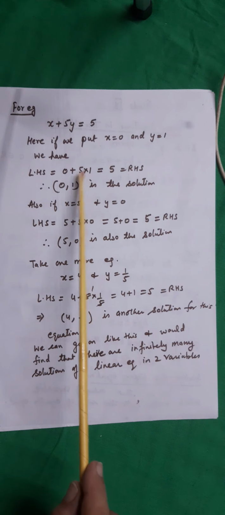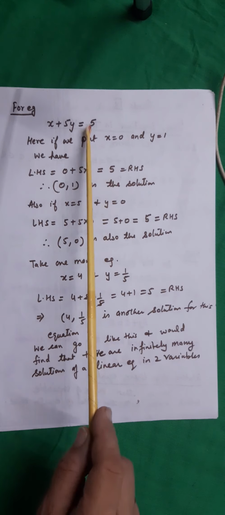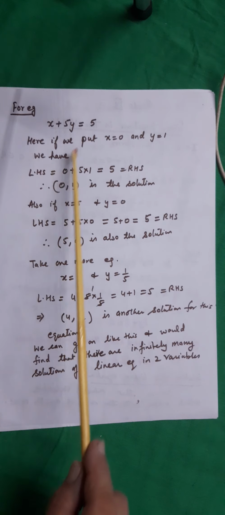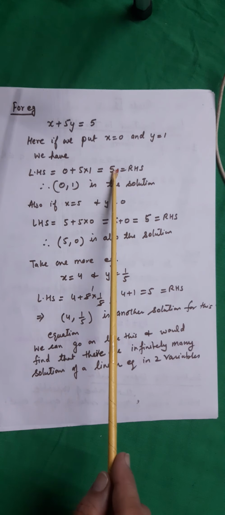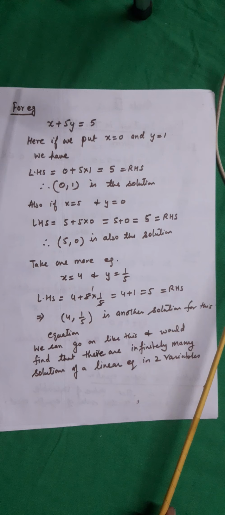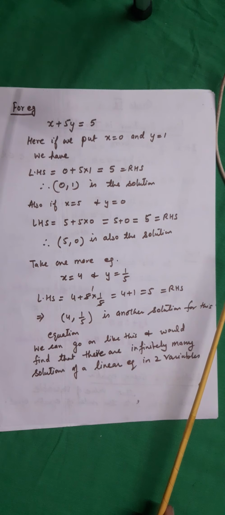Here also I will have 5 and here also I will have 5, right? When I solve it, if I put it in the left hand side, 0 plus 5 into 1 is equal to 5, that is equal to the right hand side. Therefore, 0, 1 is the solution.